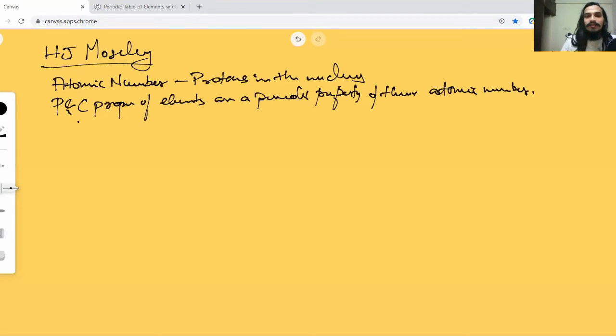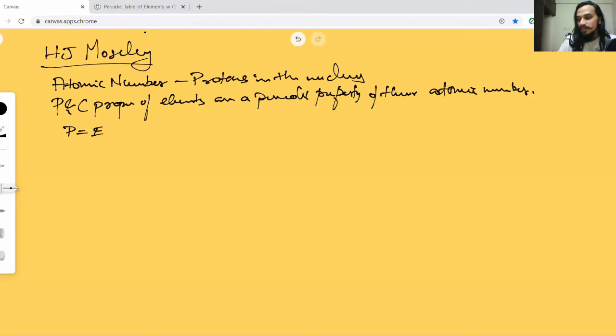Now, if you parallel this atomic number with electrons instead of protons, in a neutral atom, we have seen in the Bohr's model part that we draw electrons outside. So usually the protons and electrons are equal in a neutral atom. If there are 10 protons inside the nucleus, there will be 10 electrons outside the nucleus.